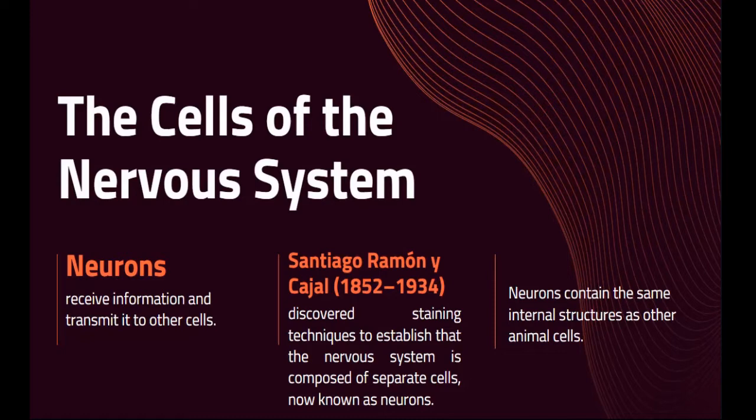Observers noted long, thin fibers between one cell body and another, but they could not see whether a fiber merged into the next cell or stopped before it. In the late 1800s, Santiago Ramon y Cajal used newly developed staining techniques to show that a small gap separates the tip of a neuron's fiber from the surface of the next neuron. The brain, like the rest of the body, consists of individual cells.